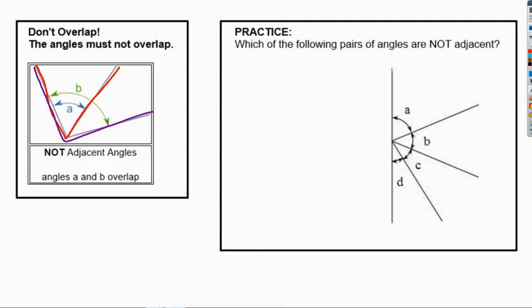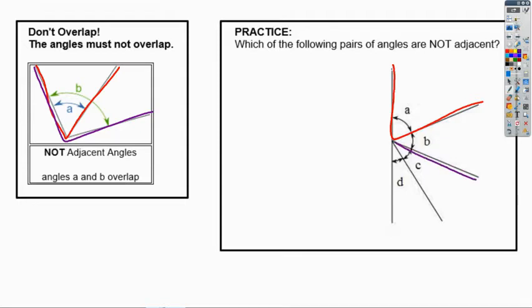Down here it says, which of the following pairs of angles are not adjacent? So let's think of angles that are not adjacent here. If I highlight it, and you don't have to highlight it, I just want you to write it down, because you'll have writing all over your board if you highlighted. Angle A and angle C here are not adjacent because they don't share a common wall.